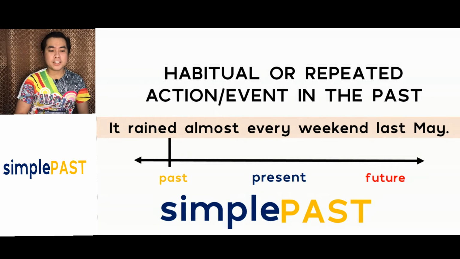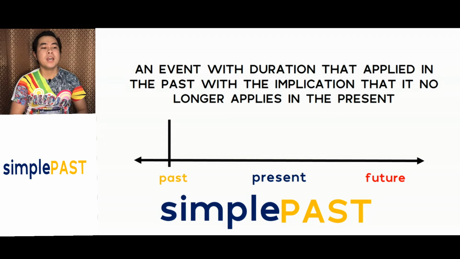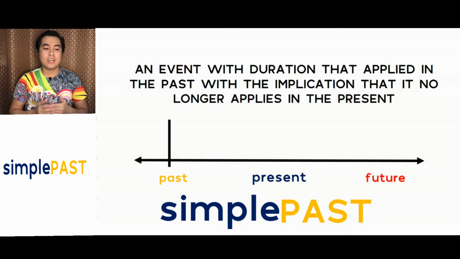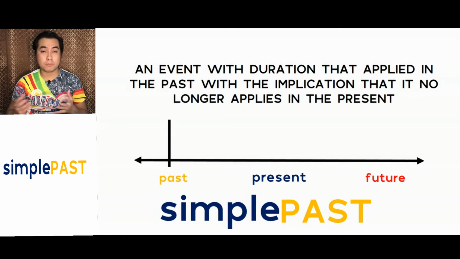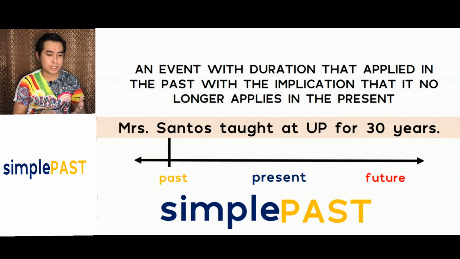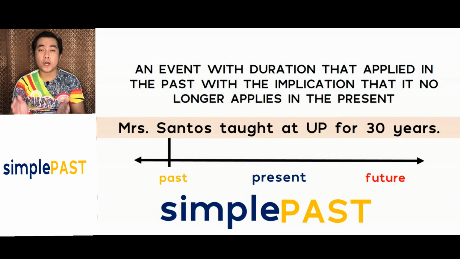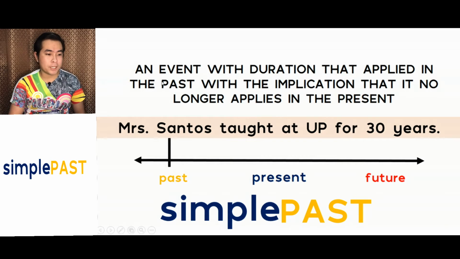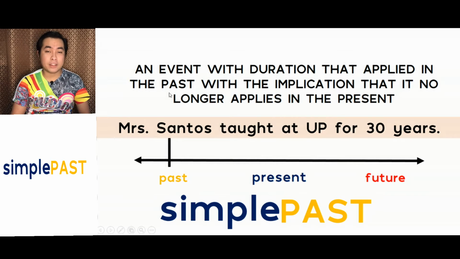Okay, the next core meaning is an event with duration that applied in the past with the implication that it no longer applies in the present. To understand that better, let's use again the sentence: Mrs. Santos taught at UP for 30 years. So let's go to the core meaning. An event with duration that applied in the past.